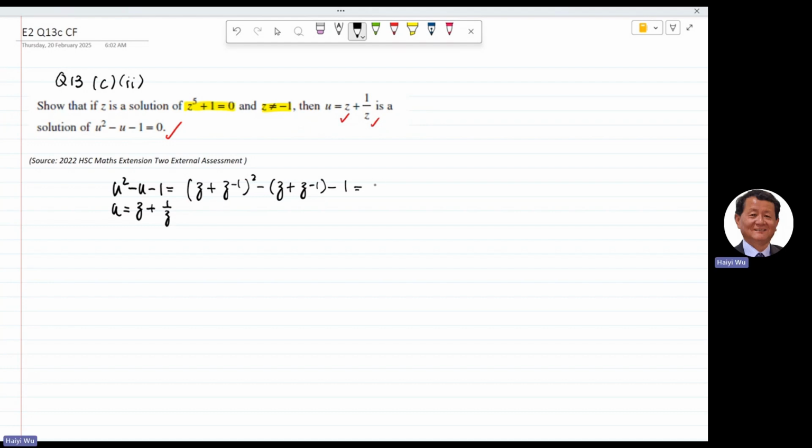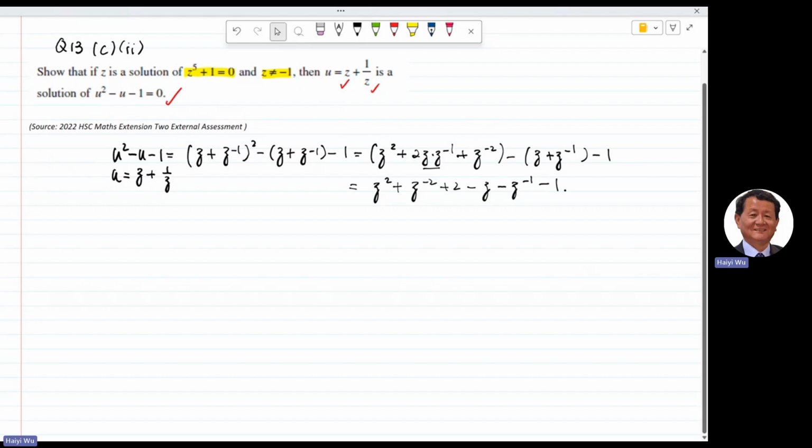So we just put brackets: Z squared minus 2 times Z to the power -1 plus Z to the power -2. Then we will undo the brackets. Just one more step. These two become 2, so I'll put these together: plus 2, minus Z, minus 1, minus 1.